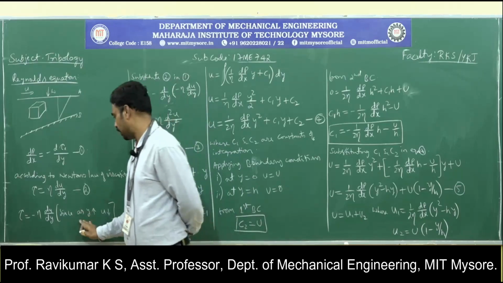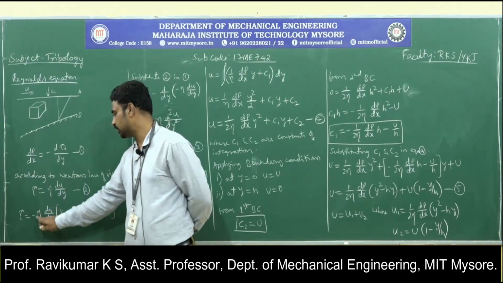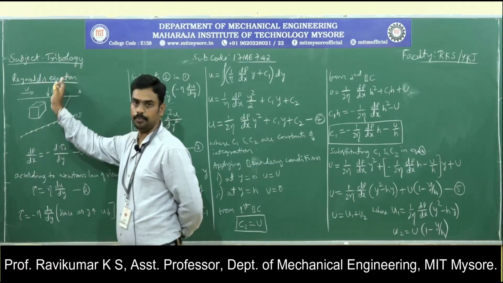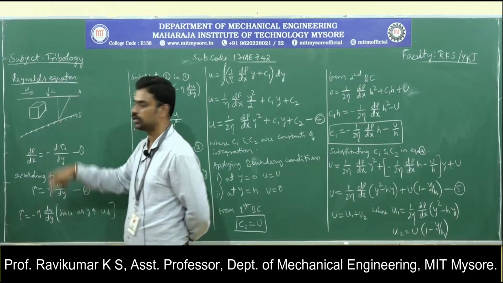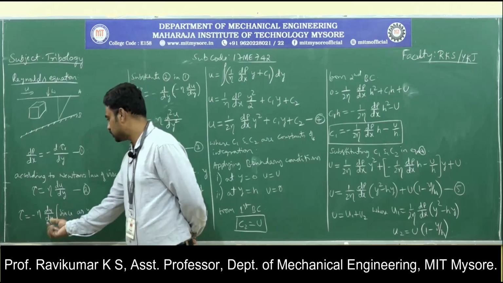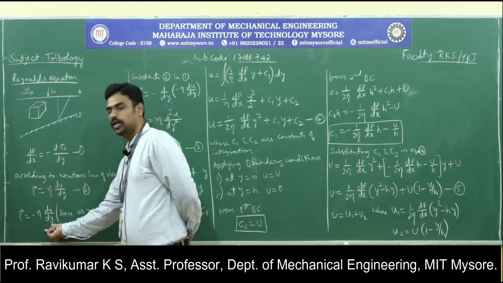Since this is happening, I am going to consider a negative sign in this equation. This equation is written for the upward motion; this one is for the downward motion. So minus eta into du by dy.